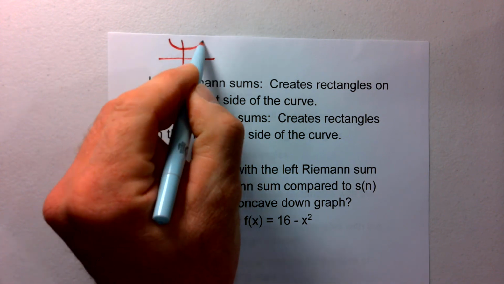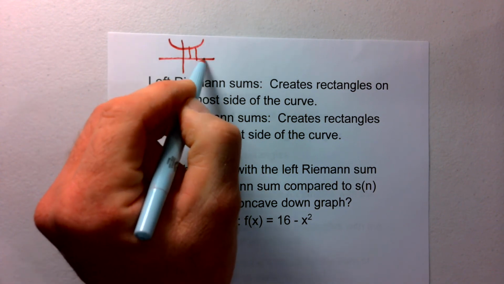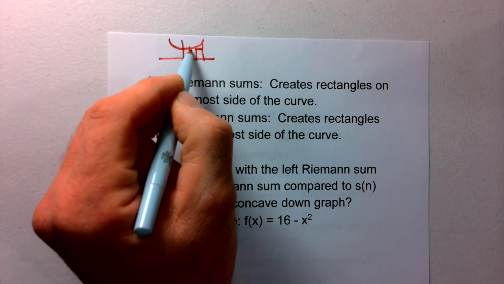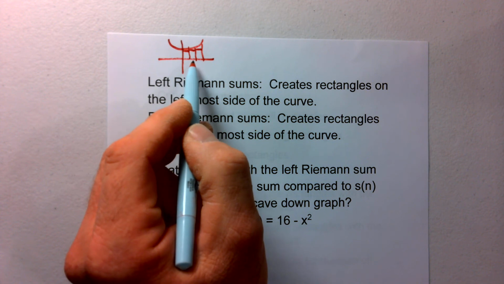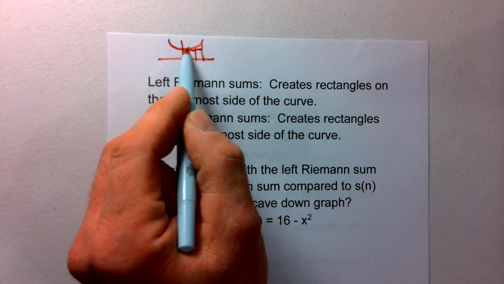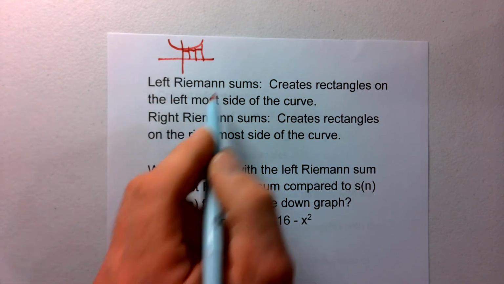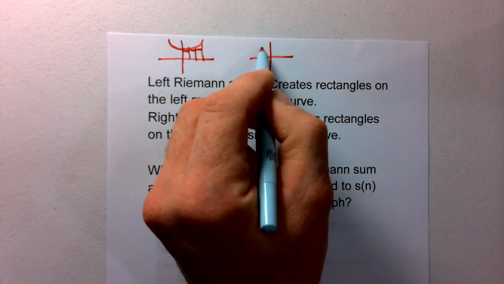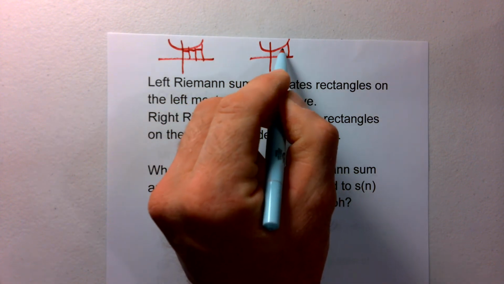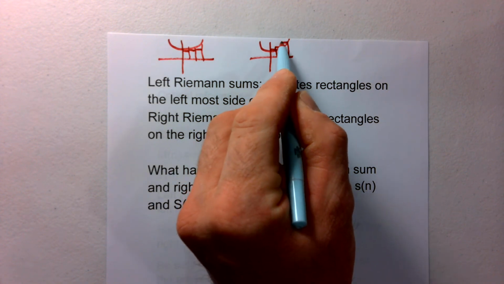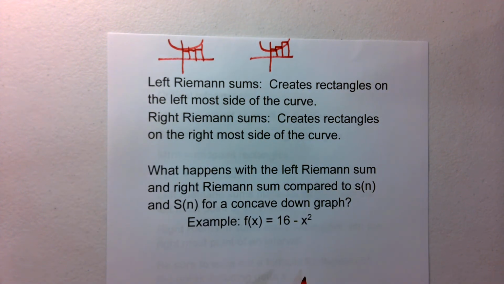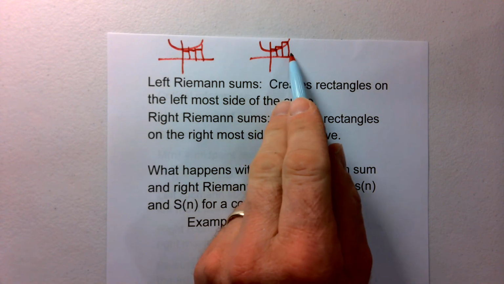Just a little review: if I had 3 units, I created my regions and created those rectangles on the inside, and that was the left Riemann sum. A right Riemann sum is going to take those same units, but we use the rightmost values, and the rectangles came across on the outside.